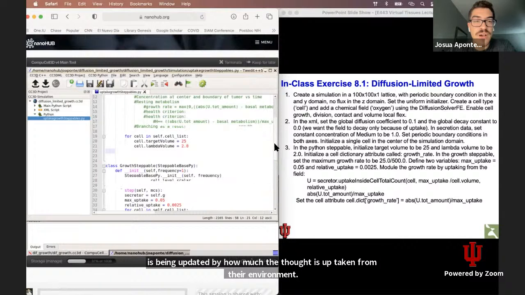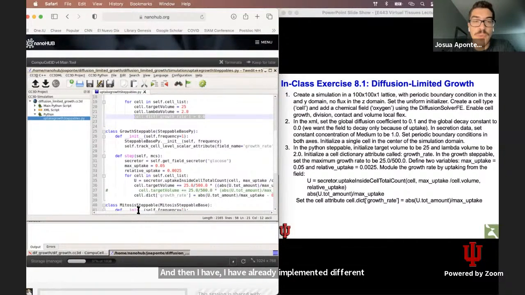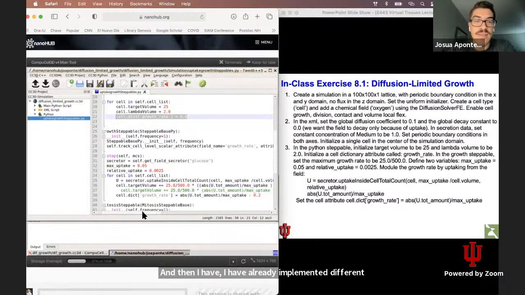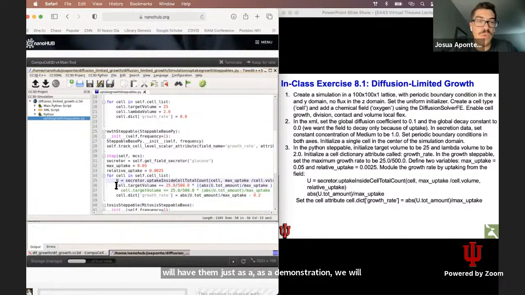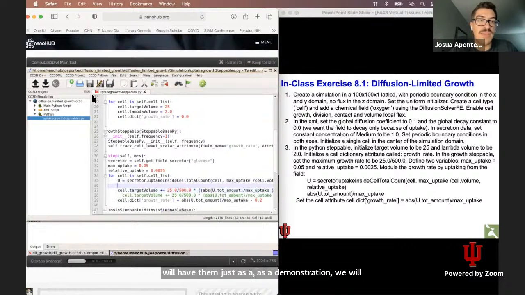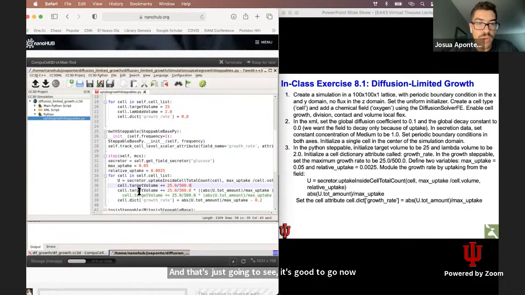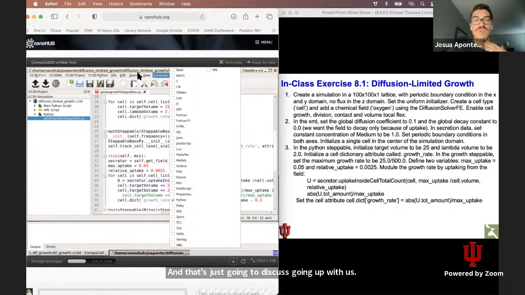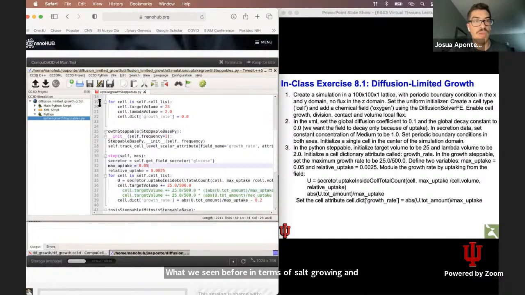And then I have already implemented different options as to how to modify that rate. But the first thing we will do, just as a demonstration, is have them grow without limitation. And that's just gonna produce what we've seen before in terms of cells growing and occupying the whole simulation space.